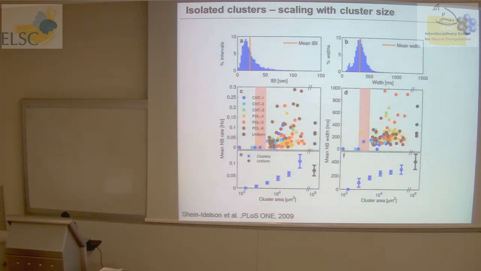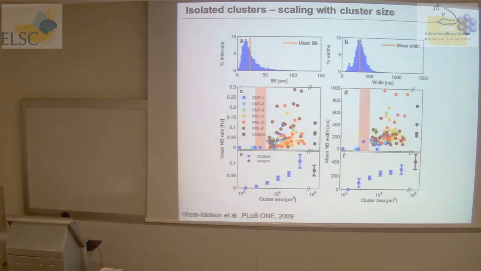Another thing that you observe is that if you go to small clusters below 20 cells, you don't get bursting activity. You either don't get any activity or you get only single spikes. So this means that maybe there's a minimal network size that is required to sustain those profiles.